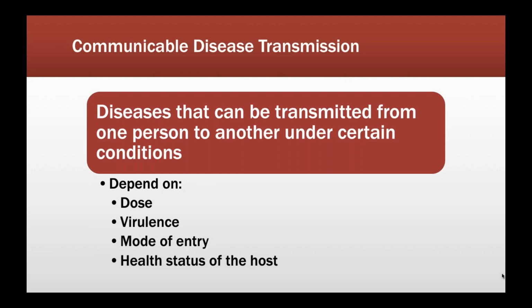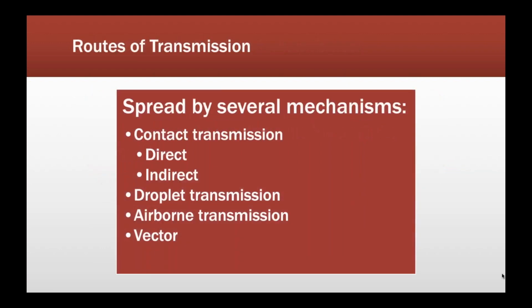If you take an EMS provider that's worked 3 days straight and is immunocompromised due to lack of sleep, that's certainly going to increase their risk of contracting a communicable disease. If you have a patient that is immunocompromised, maybe an oncology patient, or someone with HIV or hepatitis, or maybe they just had a recent joint infection or some type of transplant, then we have to be considerate of that as well because that can also increase the risk.